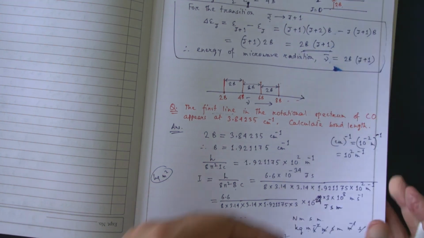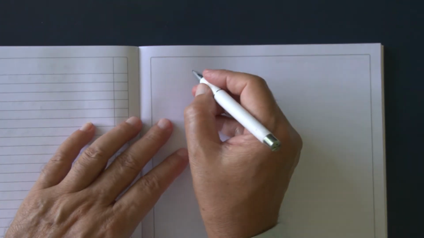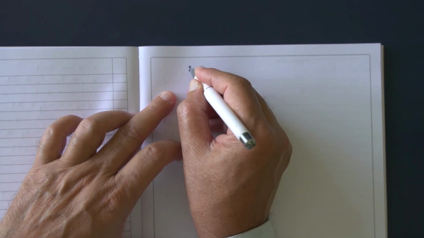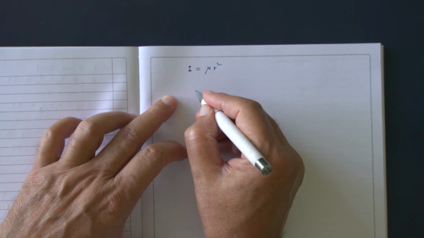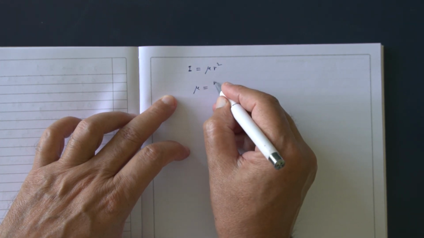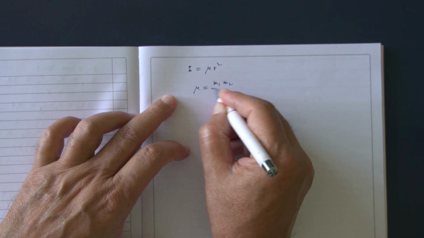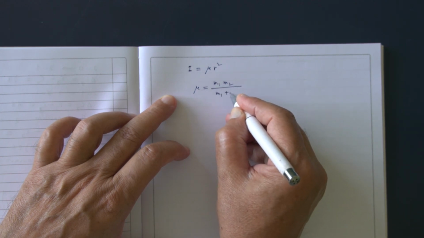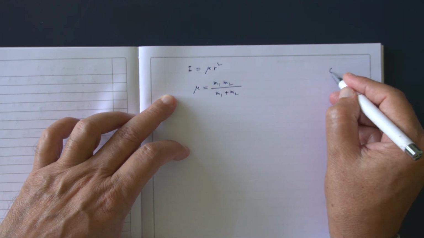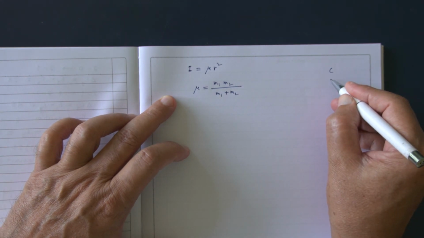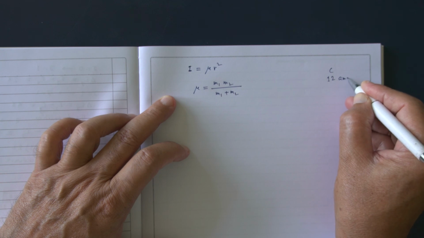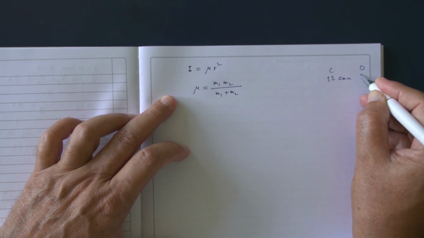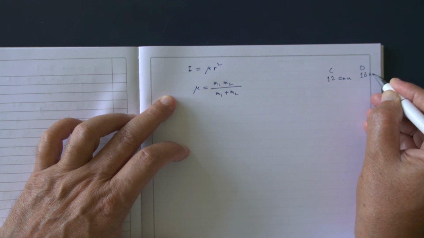Now I equals mu r square. What is the value of mu? Mu equals m1 m2 by m1 plus m2. Carbon atomic mass is 12 amu, oxygen atomic mass is 16 amu.